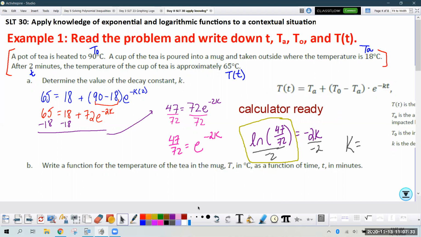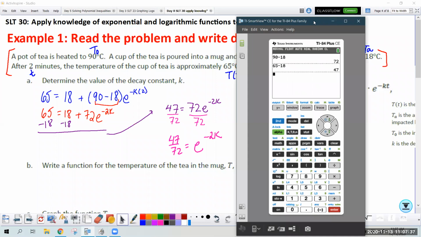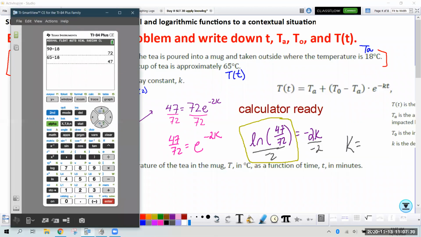Where we just then don't have our calculator and we can't type it in. But now I have my calculator, so let's actually calculate it. So I'm going to type ln 47, divided by 72, divided by negative 2, and we get 0.213.